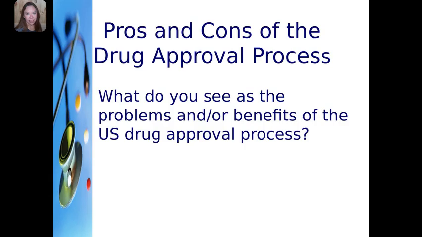So let's talk about pros and cons of the drug approval process. What do you see as the problems and or benefits of the U.S. drug approval process? I don't know if you realize, but other countries sometimes will approve drugs and our country is much slower to approve drugs. Maybe it's a newfound medication that they're really seeing good benefit from, but because of the length of time, it could take a while for it to be approved in our country.